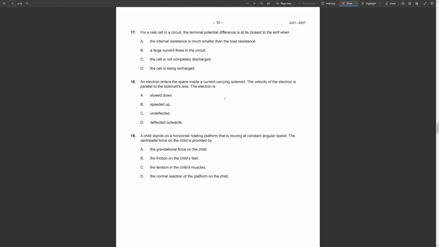Question 18. There is a current carrying solenoid. Because this solenoid is carrying a current, there is a magnetic field created by it. The magnetic field is passing through the solenoid, creating uniform magnetic field lines. The electron is moving along these uniform magnetic field lines. What is the force experienced by an electron?